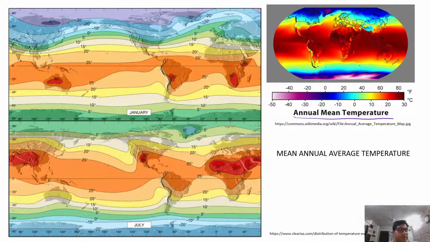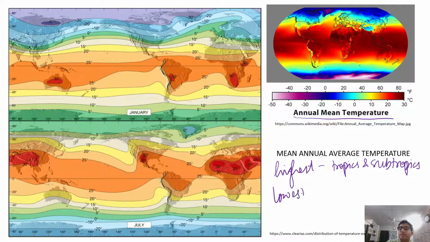So normally when we talk about this annual distribution of temperature, we have to calculate the mean, and we all know that the temperature is normally the highest in tropics and subtropics, while it is lowest in the polar regions.